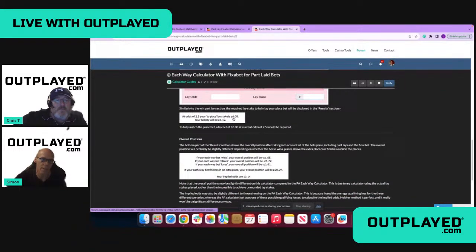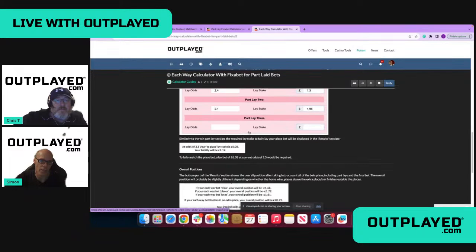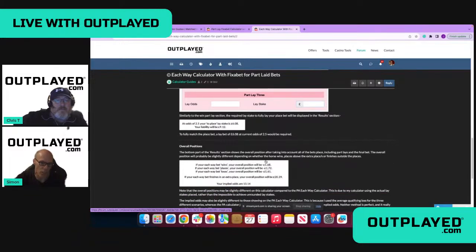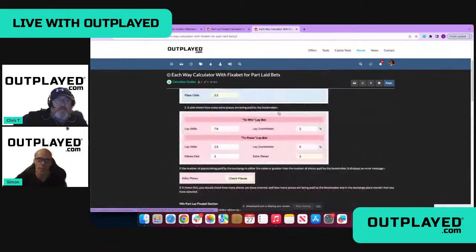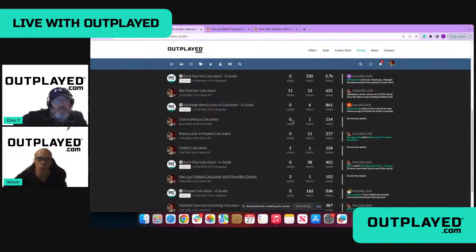So place lay bet £6.8, liability, this is the new liability, it would be £9.12. And the thing with this one that's different to the other one is that after fixing all these parlays on, it actually tells you the overall position, taking into account all of the different bets. So if you've got a problem with parlayed each way bets, this calculator might be helpful, but the guide's there to go through it. So that's one of them.